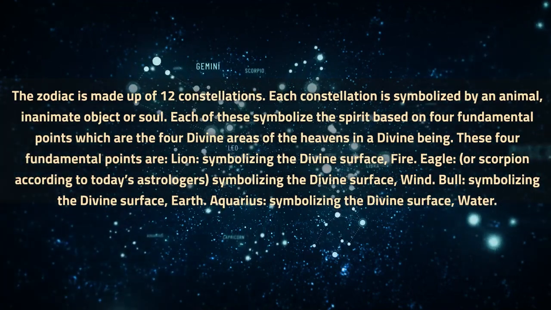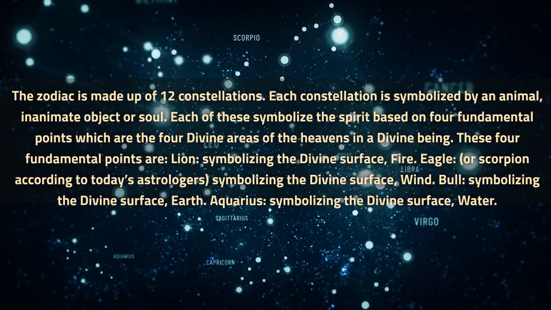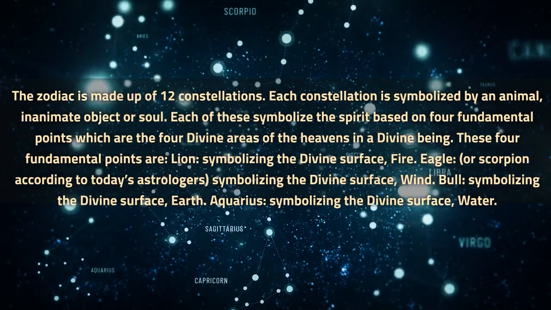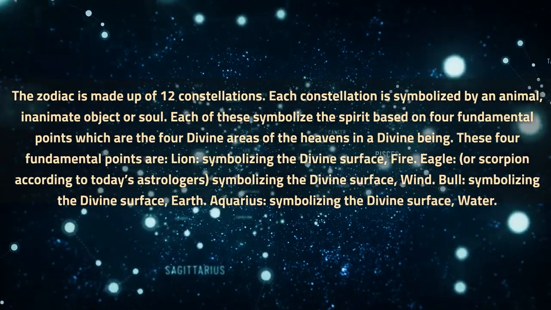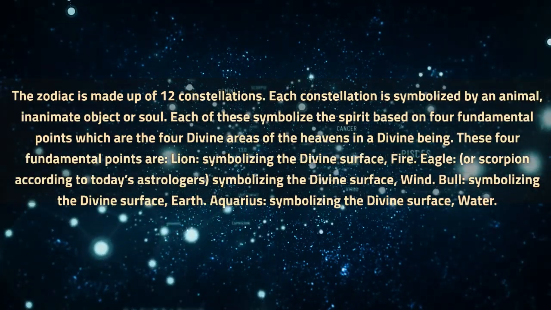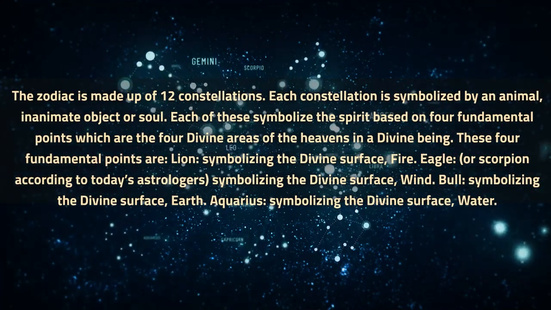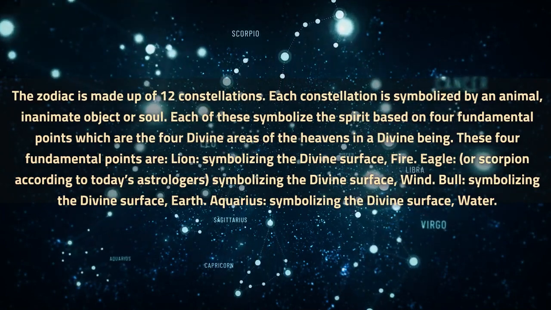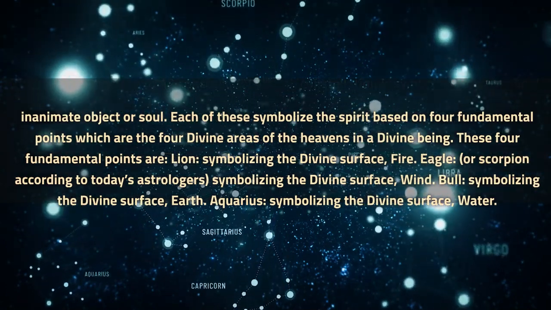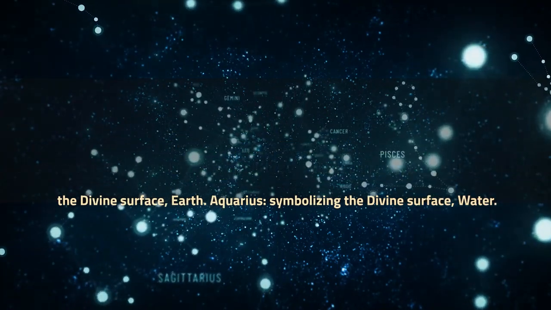1. Lion, symbolizing the divine surface and fire. 2. Eagle, or scorpion according to today's astrologers, symbolizing the divine surface and wind. 3. Bull, symbolizing the divine surface, earth. And 4. Aquarius, symbolizing the divine surface, water.